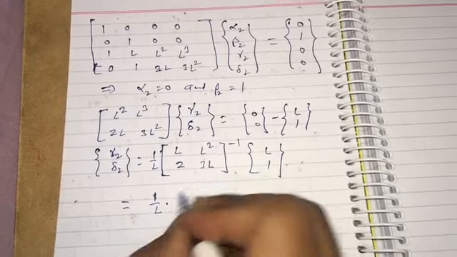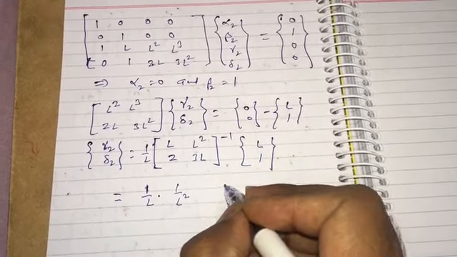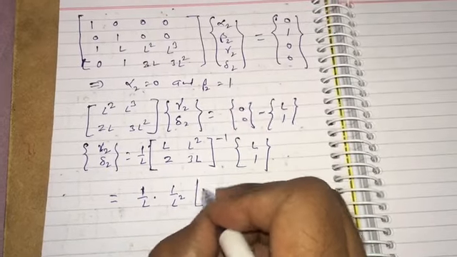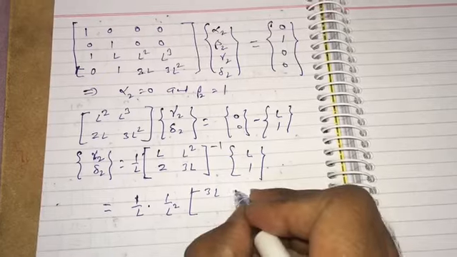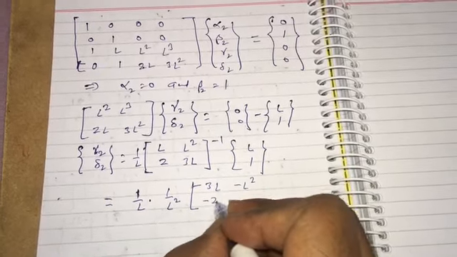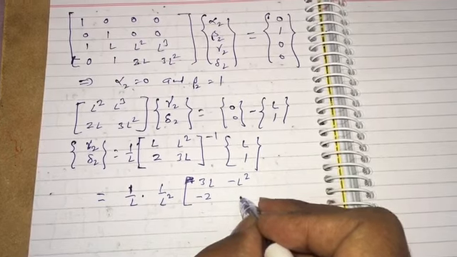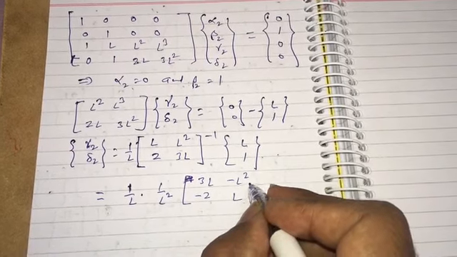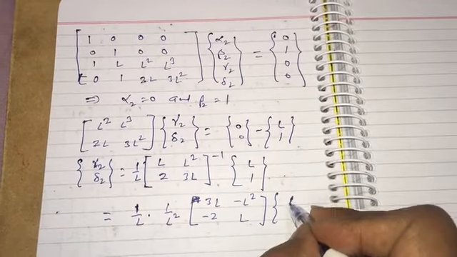So, 1 over L, inverse of this one is 1 over L square, and then simply you interchange here. So, becomes 3L, minus L square, minus 2, minus 2 and L here. Yeah. And multiplied by L and 1.